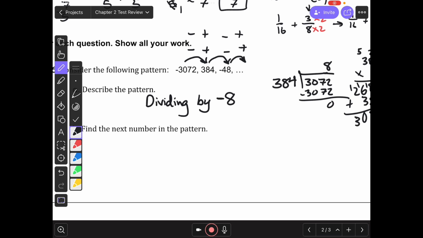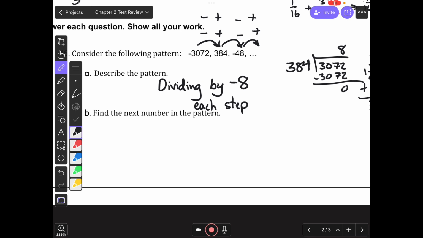So really, this needs to be negative. All right, and we can say we are dividing by negative 8 each step. The next number in the pattern, well, we just divide by negative 8. We said that's what we were doing above. We do the same below. Take that last number, negative 48, divide it by negative 8. You should see you get a positive 6.